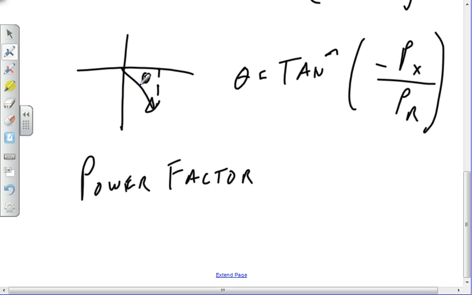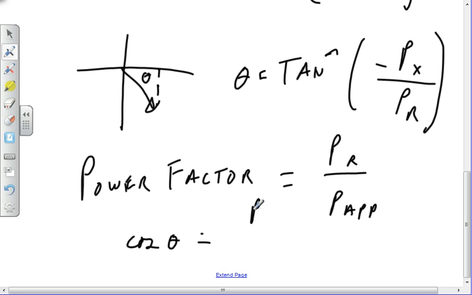And in order to do that, I want the power factor to come down to something else. So the power factor is going to be the power real divided by power apparent. It's also the cosine of theta, which is also the power real divided by the power apparent. And that's going to be the same as the power factor.